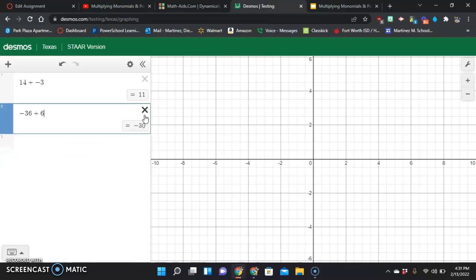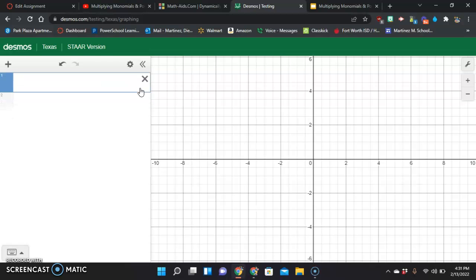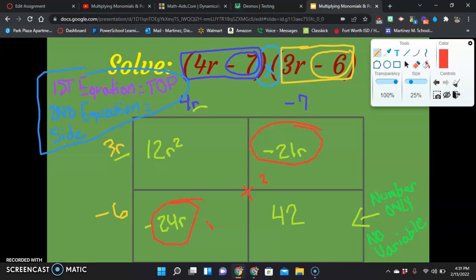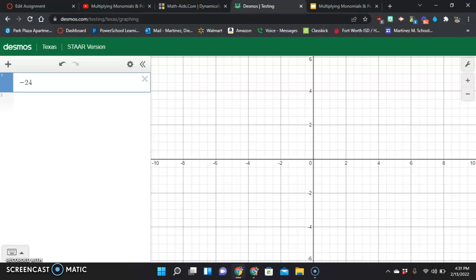We're going to write it the way we found it. So we have negative 24, just the number, no variable, plus negative 21. And it's always important to use Desmos because that way you will not make any mistake.